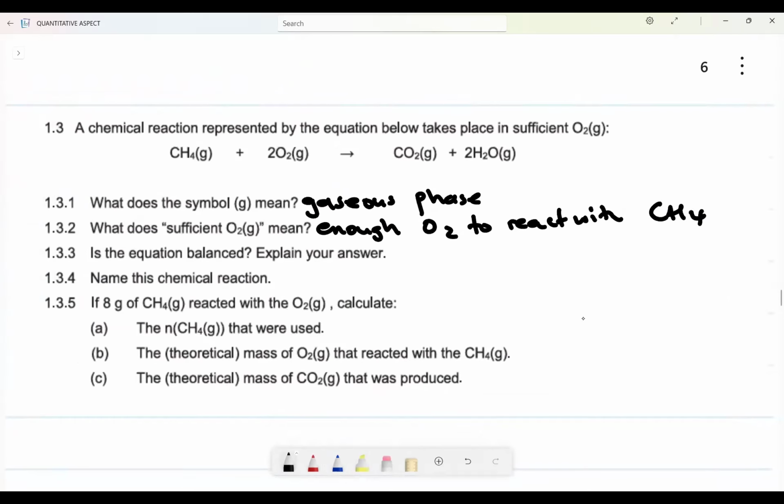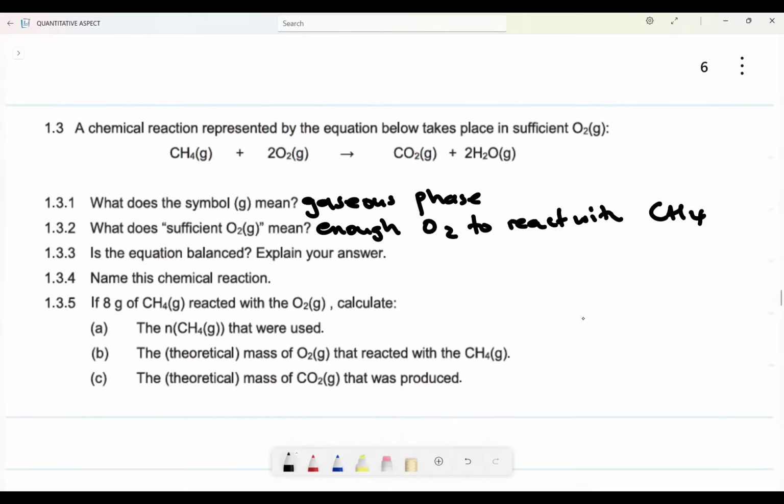Is the equation balanced? Explain your answer. Now let's look. Carbon, how many carbons here? 1 carbon, 1 carbon. Hydrogen, 4 hydrogen, 2 times 2, which is 4 hydrogen. Oxygen, how many? 4 oxygen, 2 times 2, which is 4, and then I have 2 plus 2 there, which is 4.